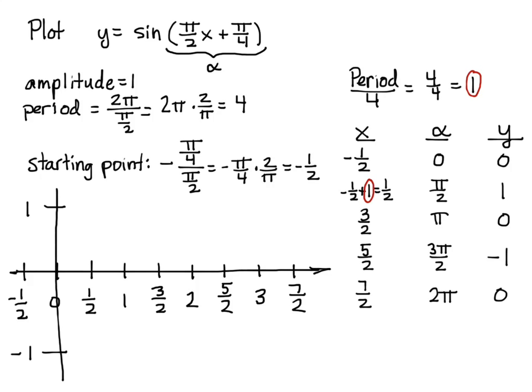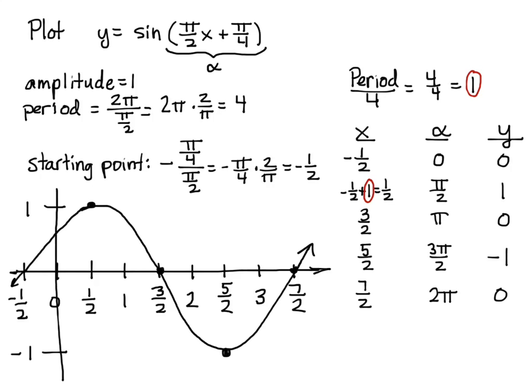My starting point is negative 1/2, and then what I'm going to do is plot all these x values, and I'm going to plot the corresponding y values with those. So my points will be those 5. Okay?